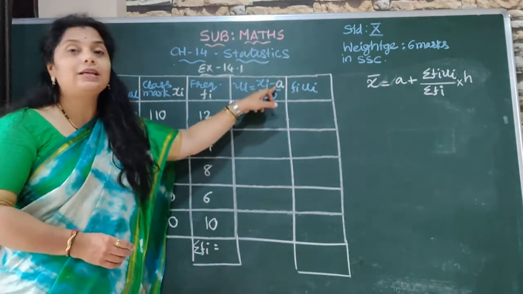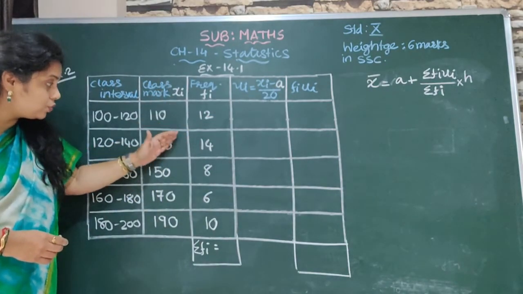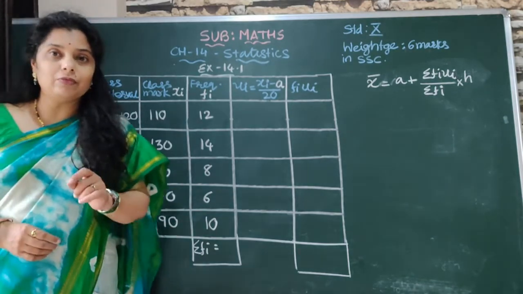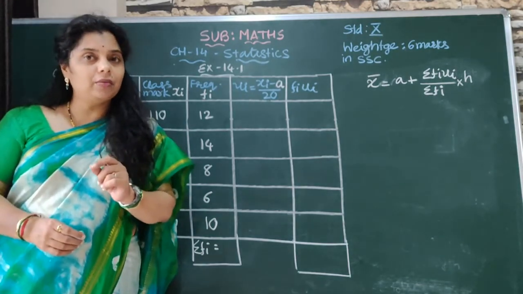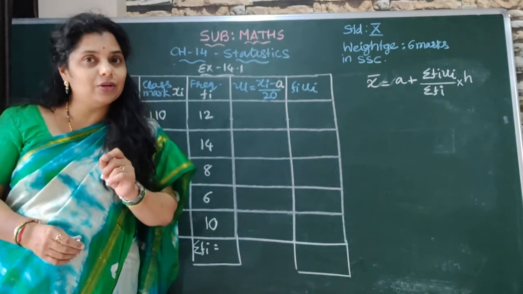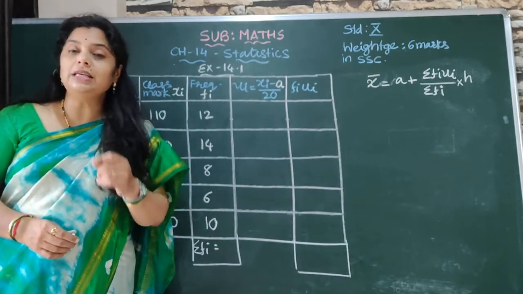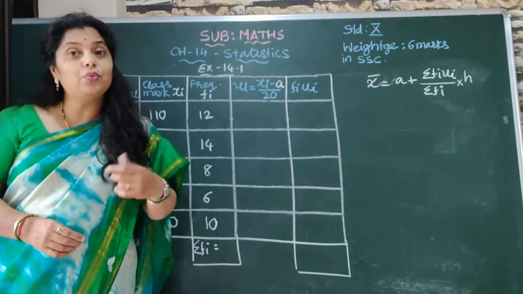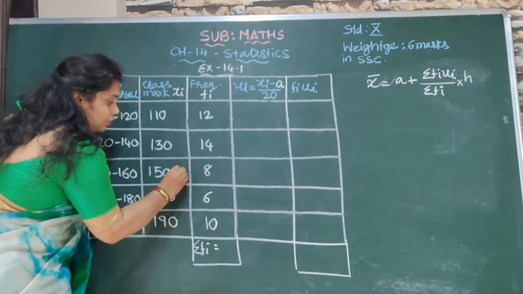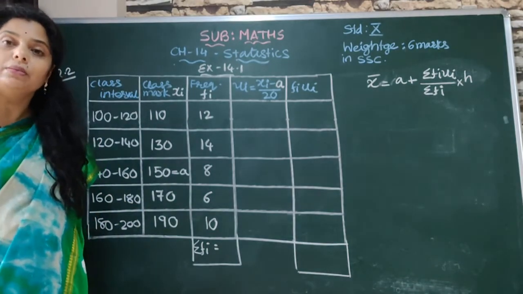Now we have to select a, the assumed mean, out of these five values. One hint I am giving you: always select the middle xi value as the assumed mean for easy calculation. I am showing you why it will be easy. So let's start. Here we assume that 150 is our assumed mean.